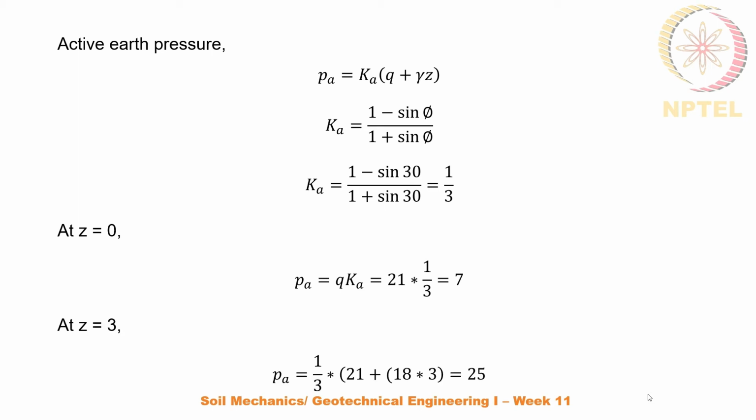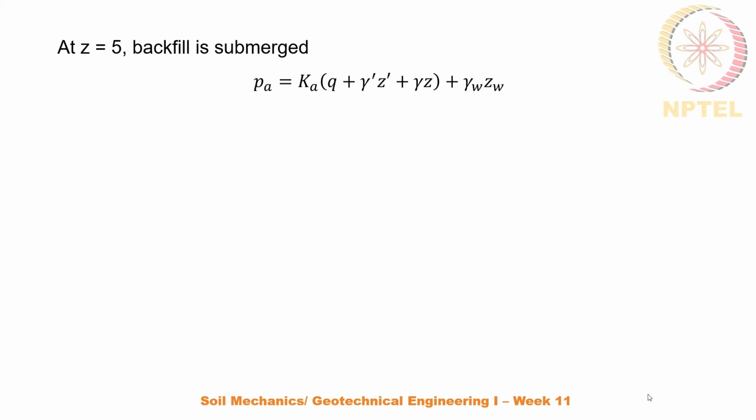But here, at z equal to 3, we have to calculate the active earth pressure again, which is equal to Ka into Q plus gamma z, because the soil is above the water table. Only at 3 meter the water table starts, right? Or the water table is at the level of 3 meter. So we get Pa equal to 25 at Z equal to 3.